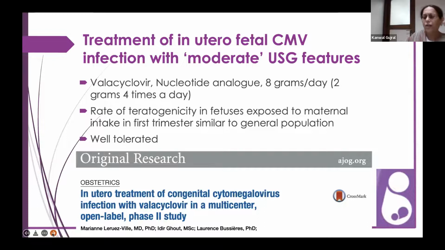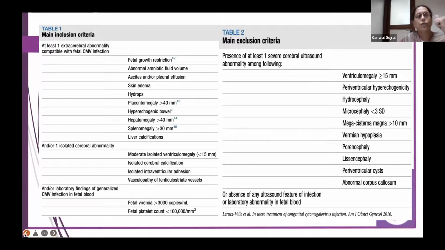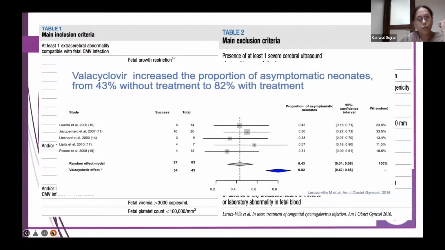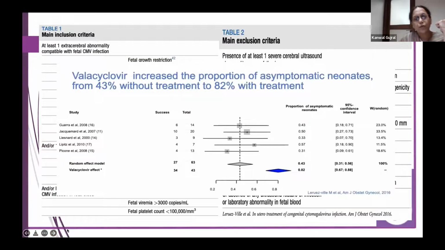Then there is some data on hyperimmune CMV specific globulin. The CMV hyperimmune globulin also has been tried in small studies, but there's a trial in 2021 called the CHIP trial, where they recruited 124 women between 5 and 26 weeks with recent primary CMV infection, and they gave CMV IVIG, 100 milligram per kilogram monthly, every 4 weeks till delivery.